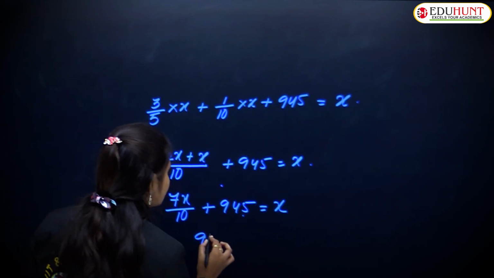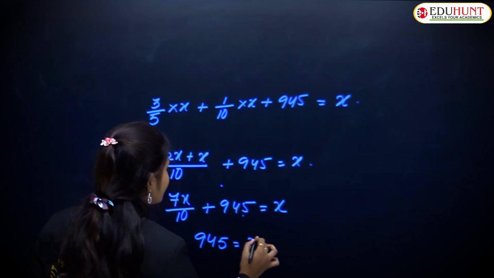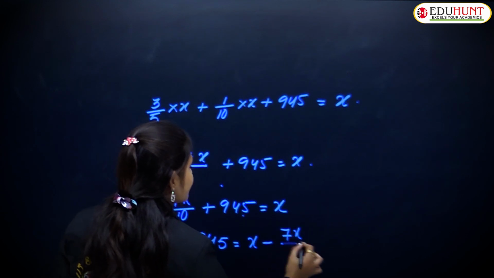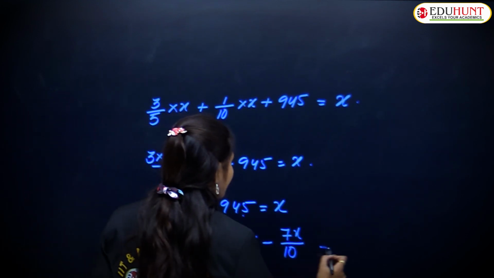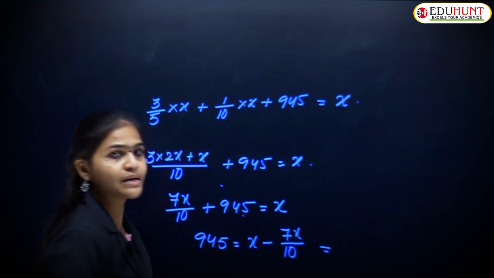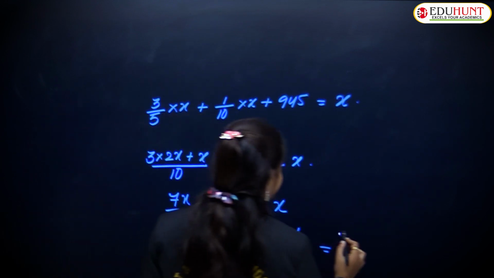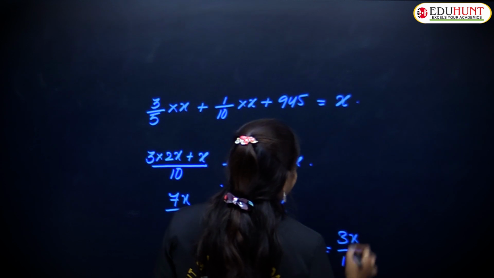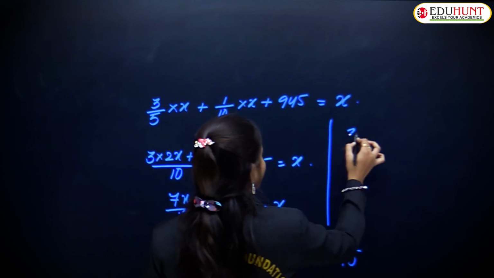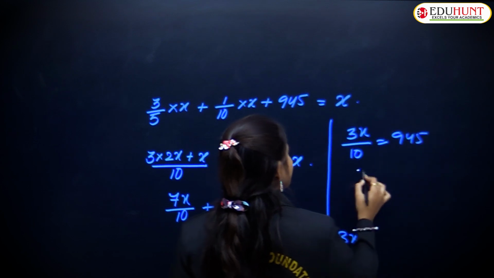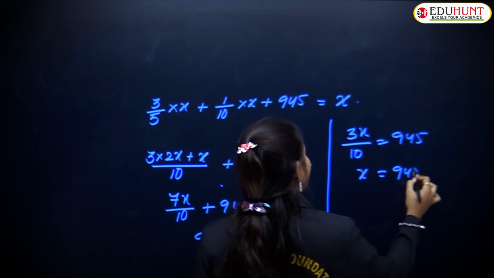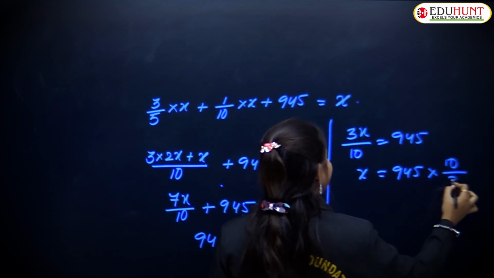Okay, I will tell you that one also. See, 945 is equals to x minus 7x by 10. Okay, so here we will get 10x minus 7x is equal to 3x by 10. So see that 3x by 10 is equals to 945. So x is equals to 945 into 10 by 3.